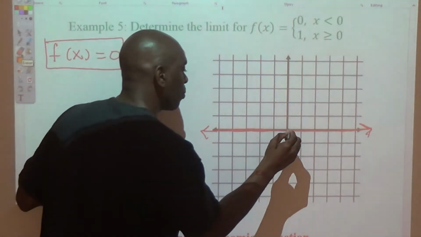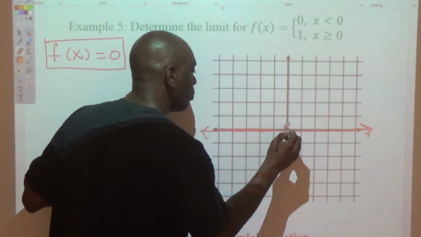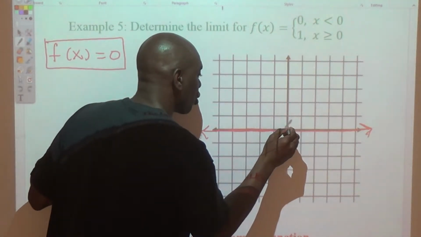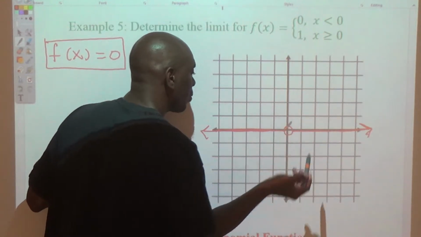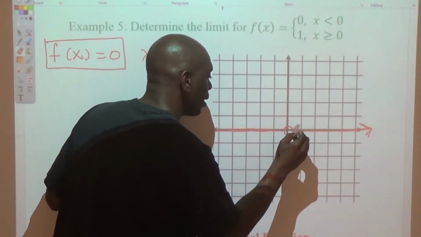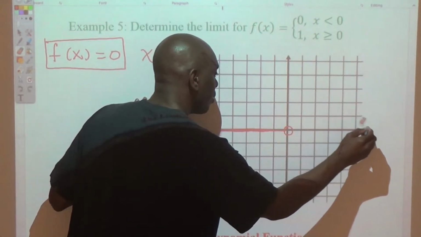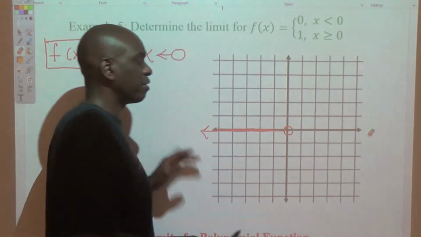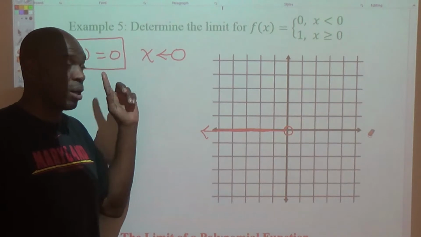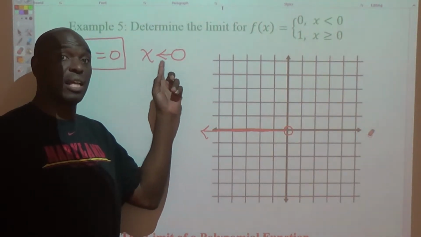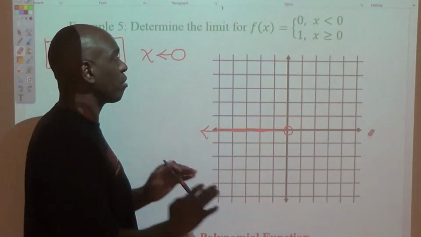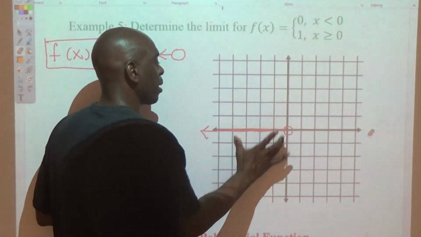At 0, I cannot include 0, so I will have an open circle at 0. And everything to the right of it, I must get rid of. All right, that takes care of f of x equals 0 when x is less than 0. So this piece of the piecewise function is graphed.